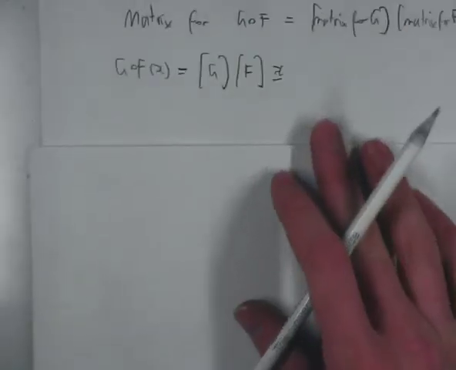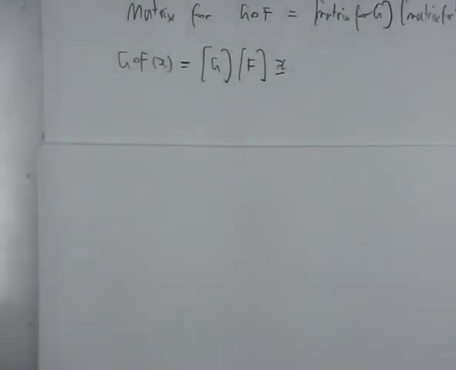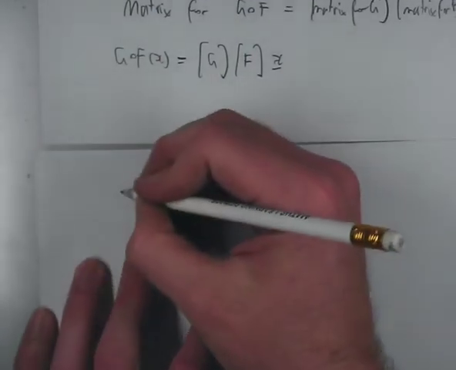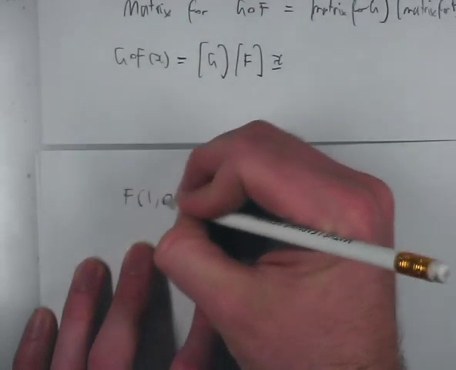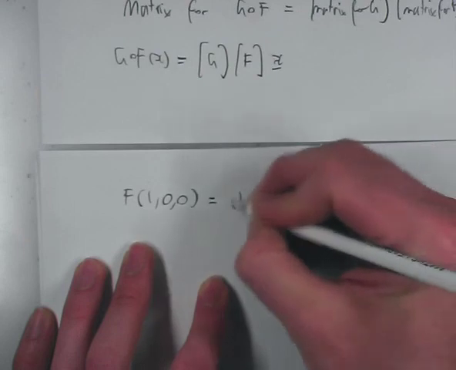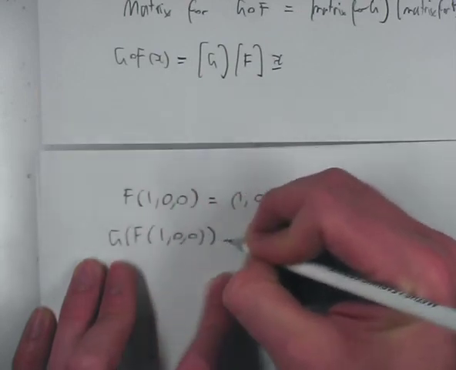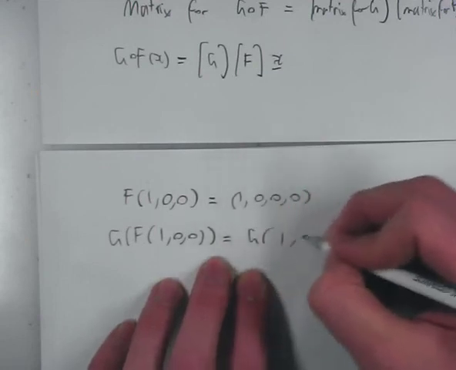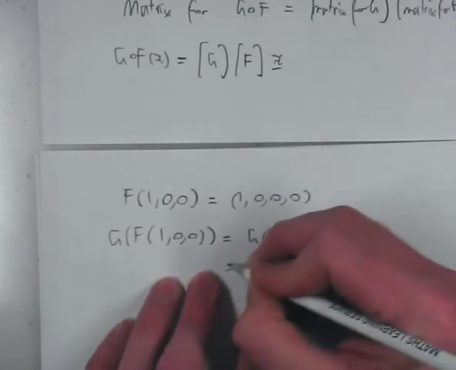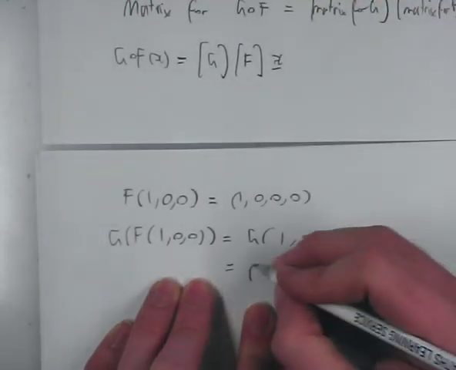Because you just need to find what G of f is of the standard basis. You see, the matrix for G of f will have as its first column G of f of 1, 0, 0, and as its second column G of f of 0, 1, 0. So you could just go, all right, well, f of 1, 0, 0 is 1, 0, 0, 0, and G of f of 1, 0, 0 is G of 1, 0, 0, 0, which is 1, 0.